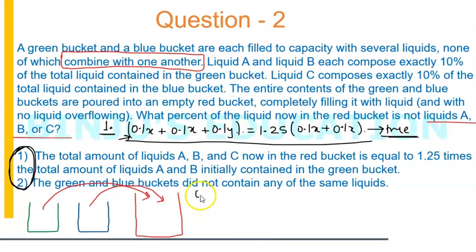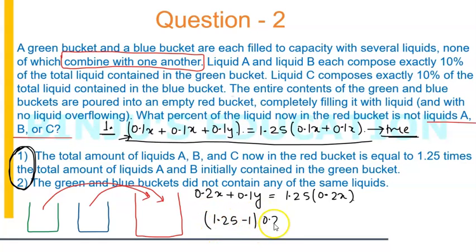So this is 0.2x plus 0.1y. So this is 1.25 into 0.2x. So 1.25 minus 1 into 0.2x is equal to 0.1y. I just took this 0.2x on the other side, that's it.